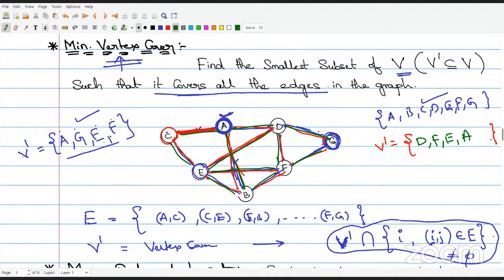Likewise, you might get some other set which also contains only 4 vertices, and that will also be a minimum vertex cover. This is not unique.